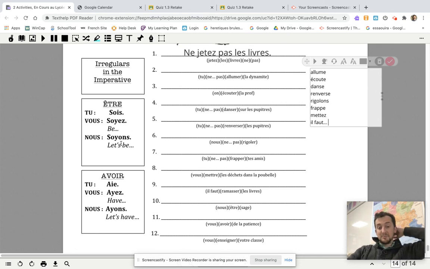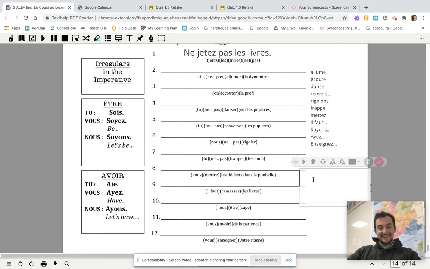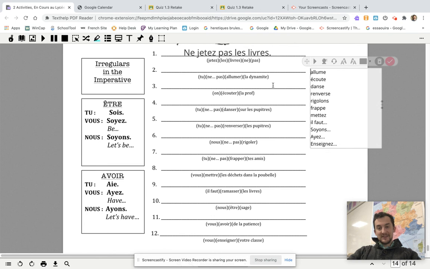If you want to say let's be, it's soyons. D'accord? If you want to say let's have, in the next one, let's have some patience, it's ayez. And then enseigner with the vous form because you're talking to the teacher. So those are all the verbs that you'll use.